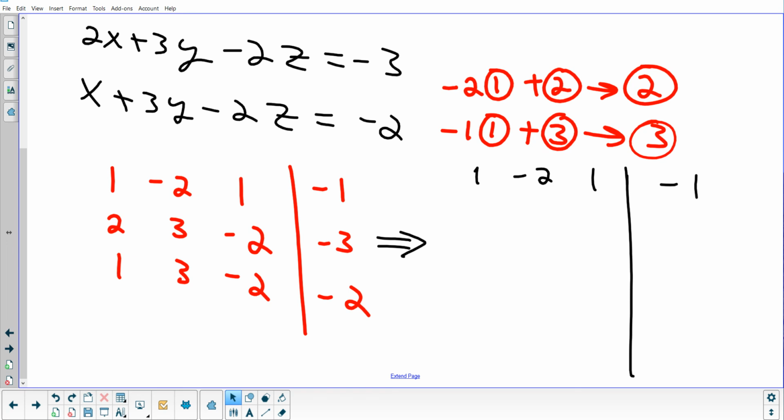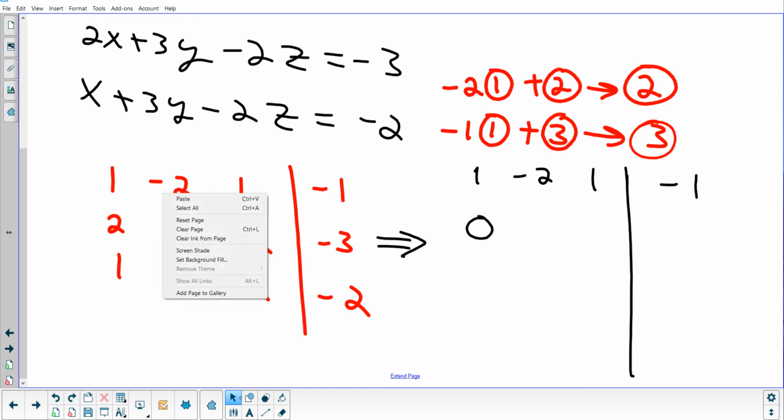Now, this part, I usually just do this arithmetic in my head. -2 times the first row added to the second. So let's go through each one of these calculations. What's -2 times 1? -2. Plus 2. 0. -2 times -2? 4.